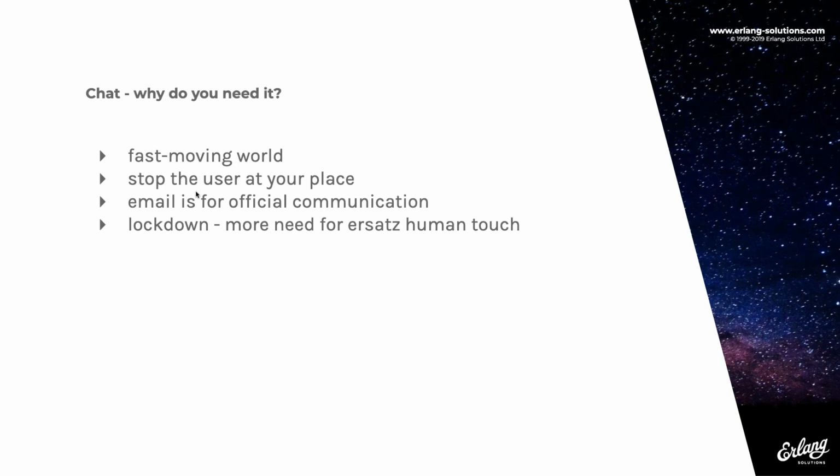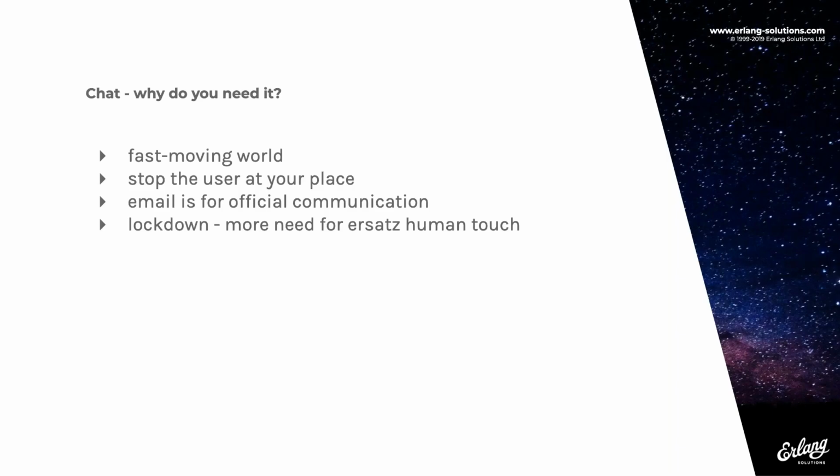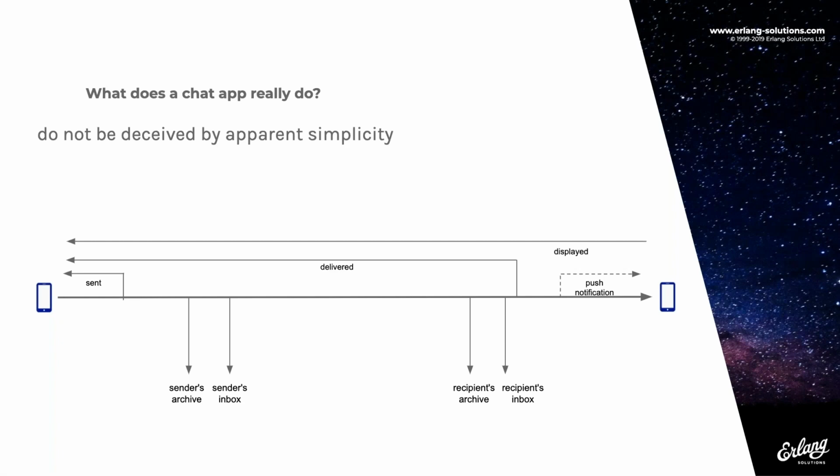So, if we want it, how shall we go about it? First of all, the chat application is much more complicated than many people think, because these things are usually made very complicated under the hood, and most of the complications go into making them appear simple.